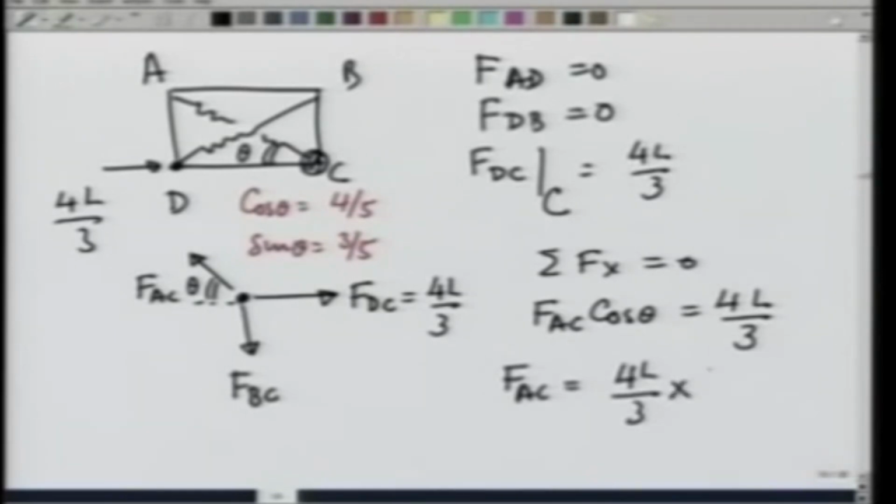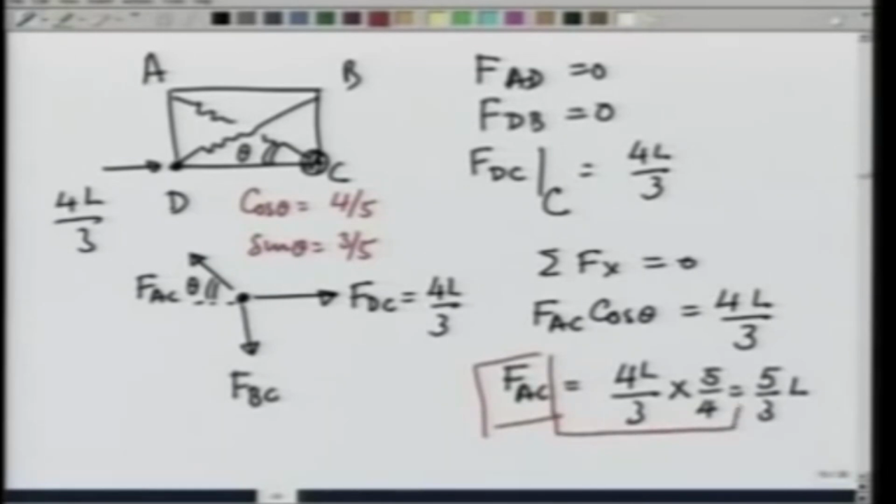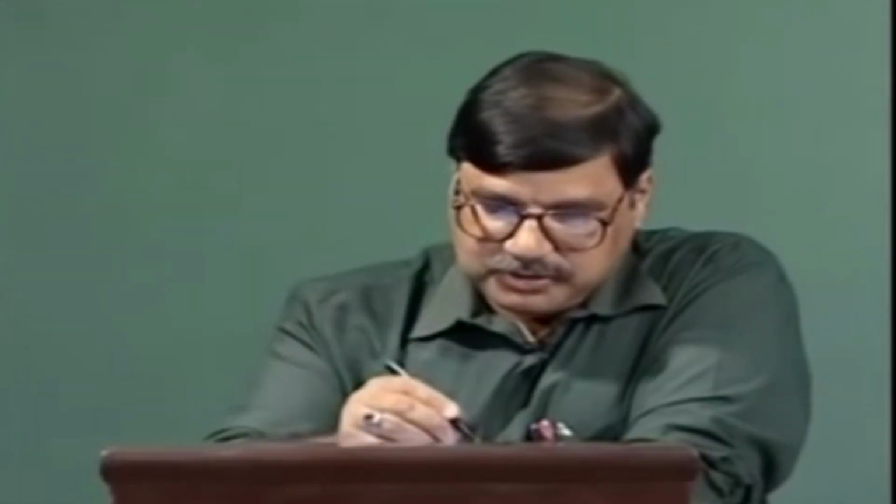So, that is 5/4, and this gives me 5/3 L. That is the tensile force on the rope. Now, similarly, if I do summation Fy, again let me make the picture.